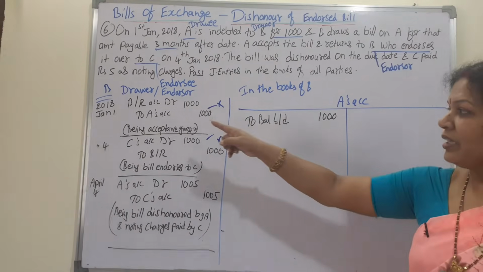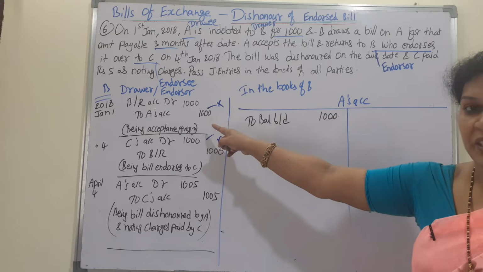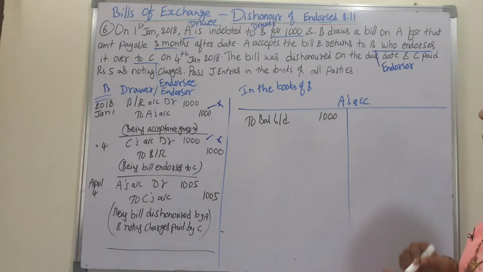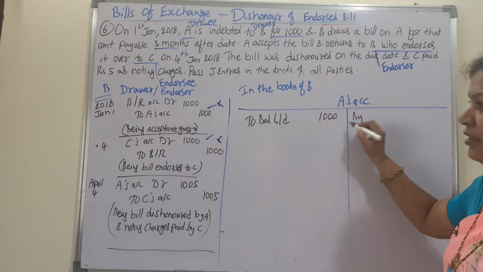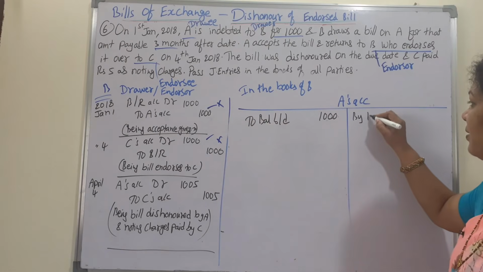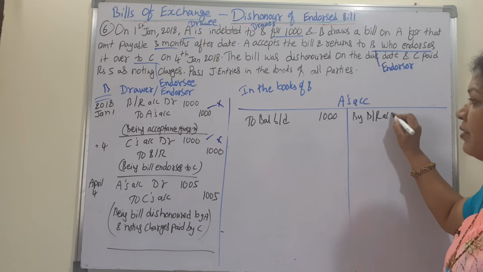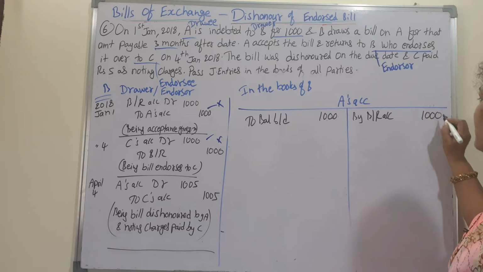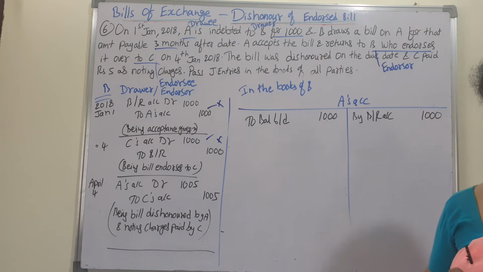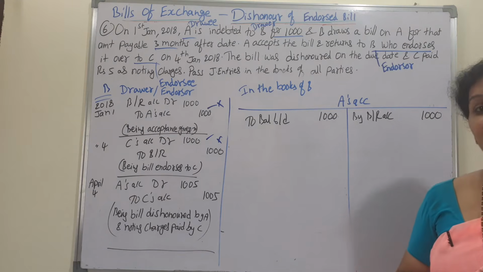Then wherever A is there, we will take it directly from there to here. A is on the credit side in the first entry, so on the credit side we write by bills receivable, 1,000 rupees. You know how to post a ledger account from the beginning chapter.